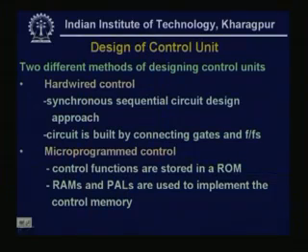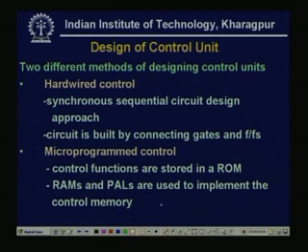Now, what type of hardware will be necessary to implement this control unit or to perform those operations? Normally, there are two different methods of designing control units. One is the hardwired control, another is the microprogrammed control.